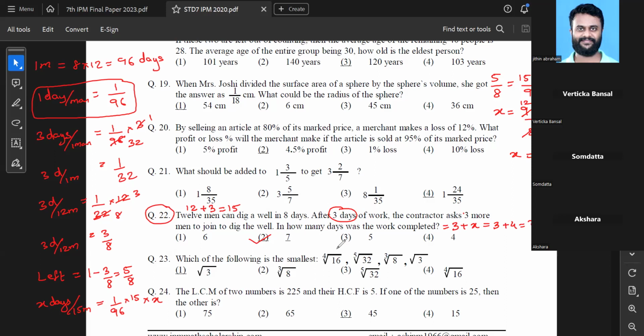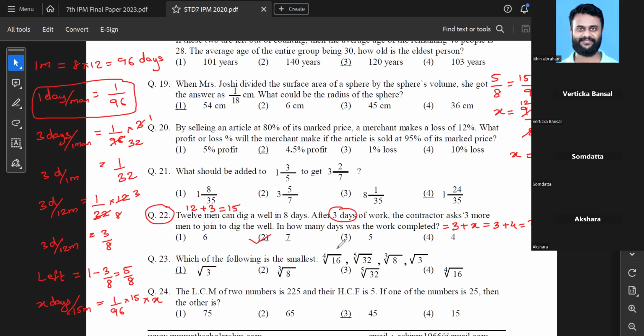Sir, could you explain the 21st question again? 21st, which means the previous question. Yes. First, let me just wait for the children to come to me with any doubt in the 22nd question, because after erasing, writing so many things again will be difficult for me. So if anyone is having any doubt in the 22nd question, please ask right away.